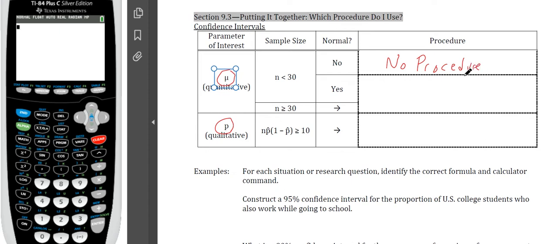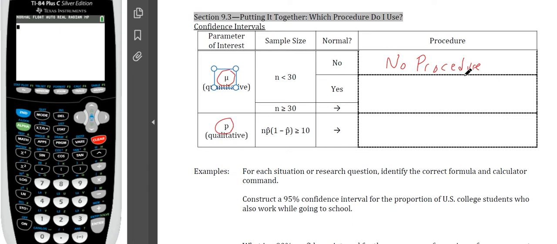You have no procedure here because you have failed the central limit theorem. The central limit theorem states that you either have to have a sample size bigger than or equal to 30, or you need to know that the distribution itself for the population is normal. If you don't know either of those, then that means that you cannot work with confidence intervals.